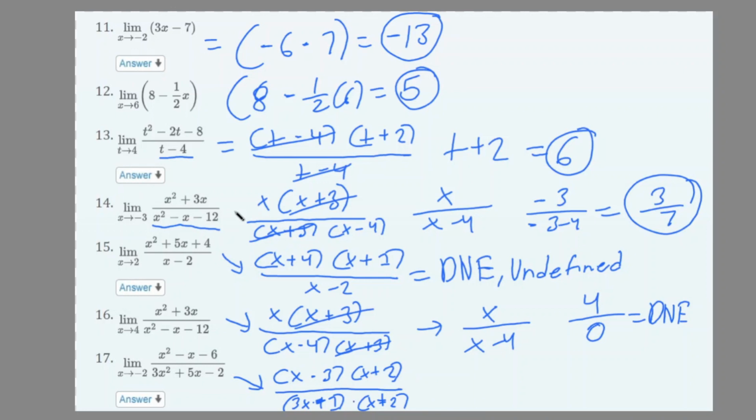So we can see that x plus 2 is in the numerator and the denominator, so we just cross that out, and we're left with x minus 3 over 3x minus 1. If we plug in -2 now, we would have -5 on the numerator, and on the denominator we would have -6 minus 1, which is -7, and our final answer would be 5 over 7.